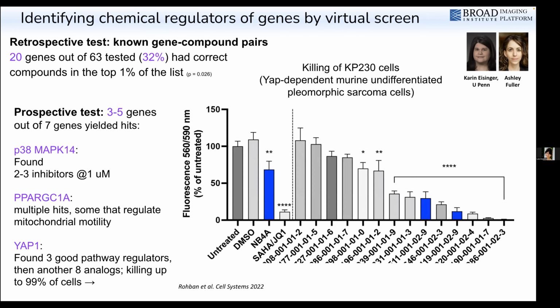It's a type of cancer that's really hard to treat. So Karen's lab has been thrilled to find these compounds. The blue ones are our original hits, and then we found some even stronger ones that seem to impact this pathway. So we don't know if they bind to YAP1 directly, but they clearly impact this pathway and reduce the growth of this sarcoma cell line. So we are excited to follow these up.